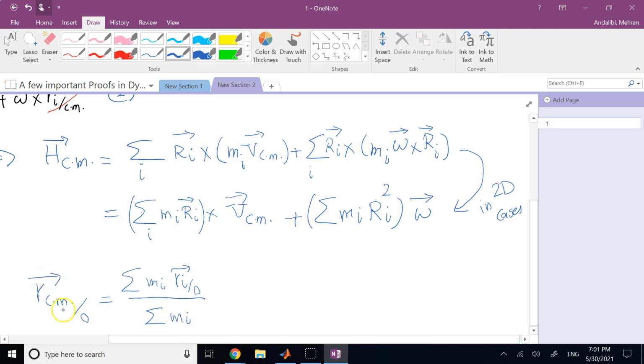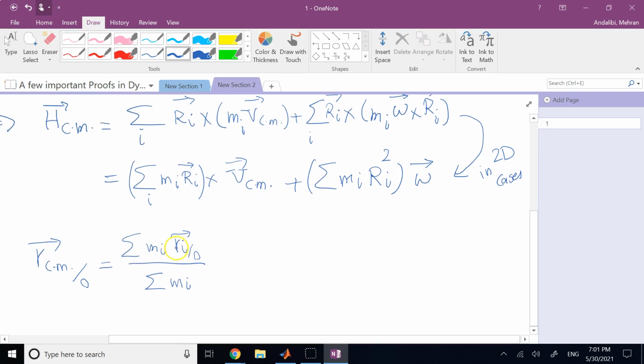This was the definition of position vector of the centroid. Now here, instead of using position vectors of particle i with respect to the origin, I'm using the position vector of particle i with respect to the centroid. So what I'm doing here is, instead of point O, I'm replacing it with the centroid. And I call this R of i with respect to the centroid, I call it what? Cap Ri, of course.